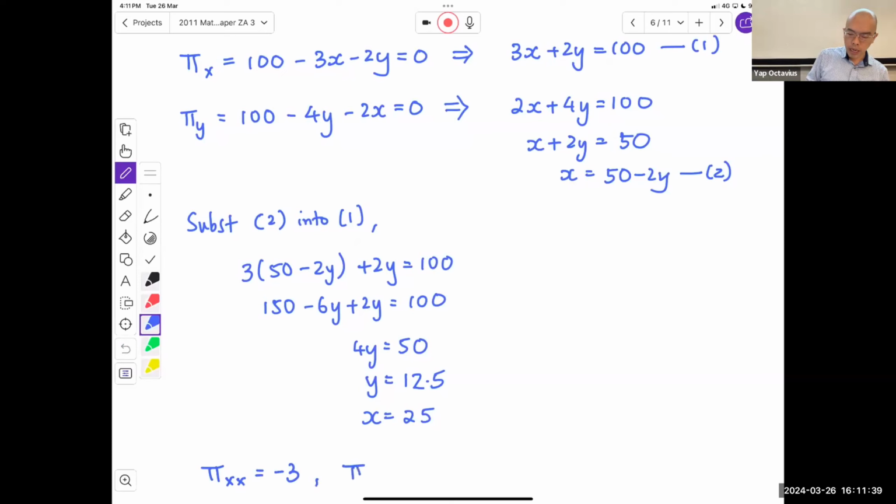The pi yy is minus 4. The cross derivative is, what's the cross derivative? Take 1, get minus 2.